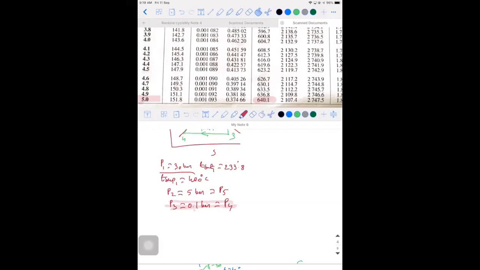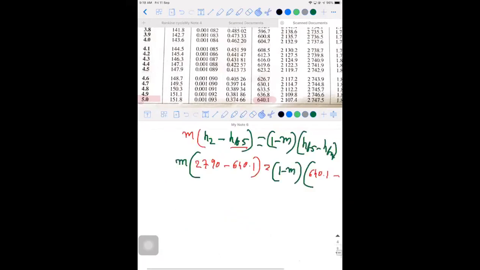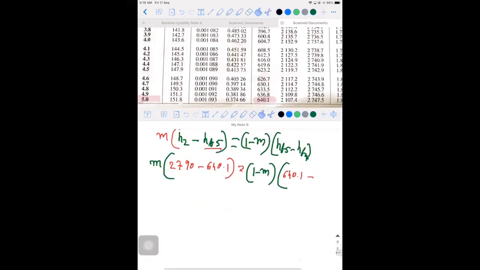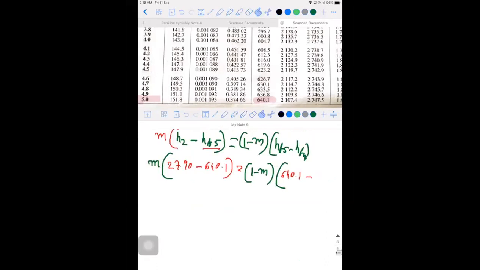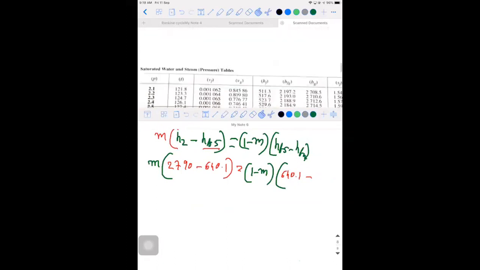So against 0.1 bar, what is the corresponding value of hf4? Then we'll go with this.